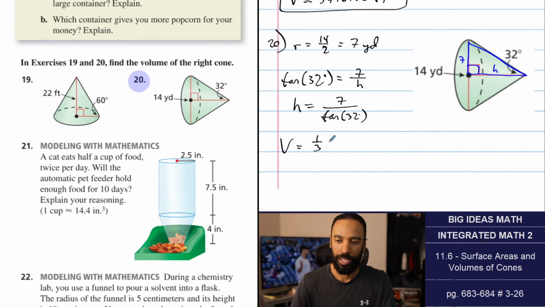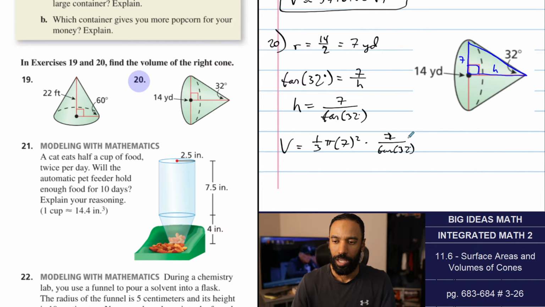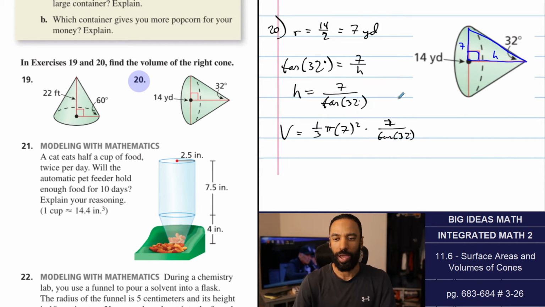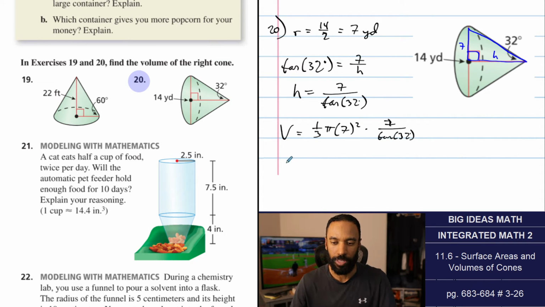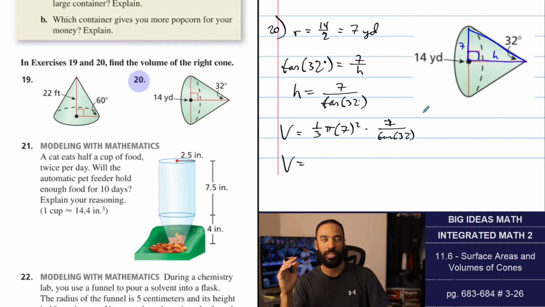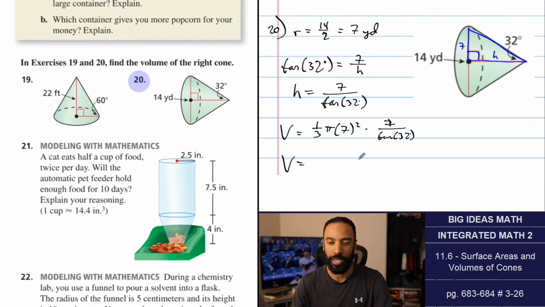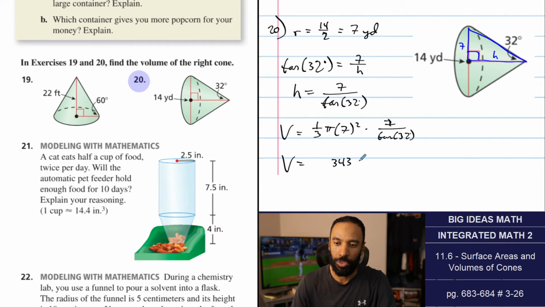We'll do 1/3 area of base times height. Probably not fully worth writing this in the unsimplified form, but in terms of calculating, maybe it is. 7 squared is 49 times another 7 is 343. So 343 pi over 3 times tangent of 32.